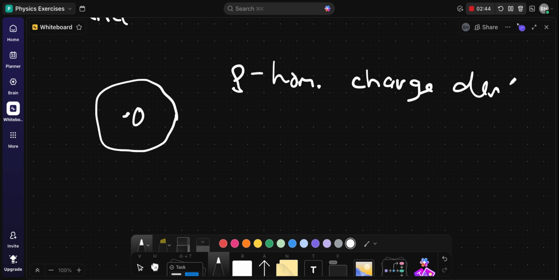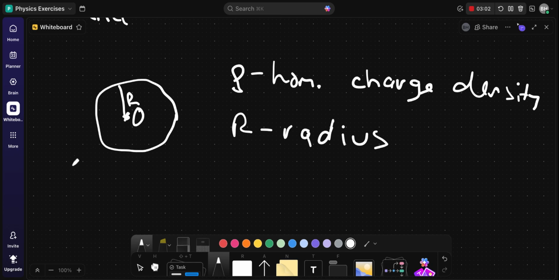So let's solve this problem first. This is not a good sphere, admittedly, but capital R is the radius.